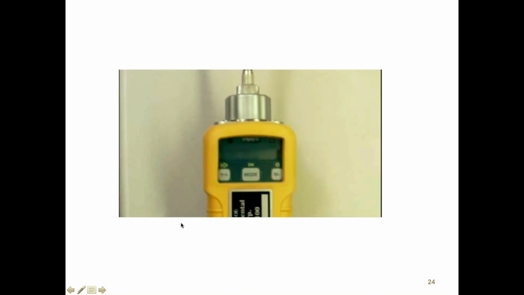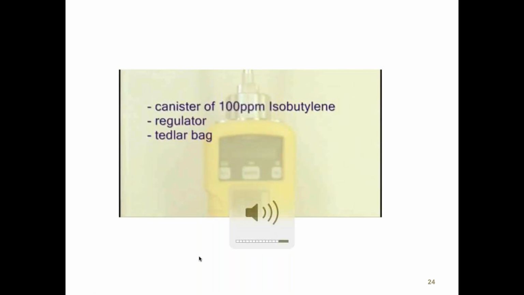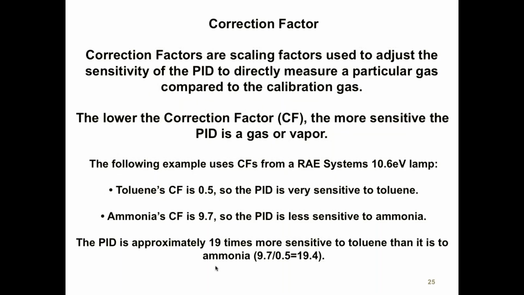For calibration, we will need the following supplies: a canister of isobutylene at a concentration of 100 ppm, a regulator, and a Tedlar bag. Also, please remember to always use an external filter whenever using a PID. The reason for the external filter is you get dust on the sensor on this thing.